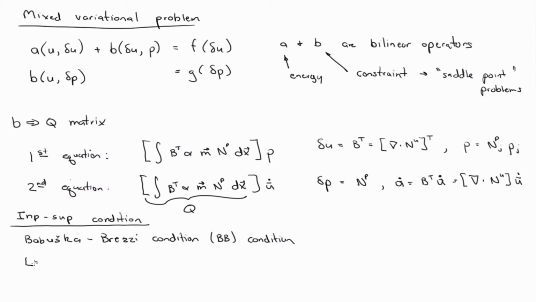And sometimes you might see it with some Polish name added, the Zinkaja-Babuska-Brezzi condition. Obviously it was named after Babuska and Brezzi, who around the same time stated the condition, but stated it a little bit differently, and after some interpretation, you could see that it was the same thing.